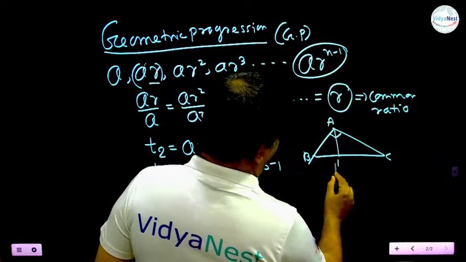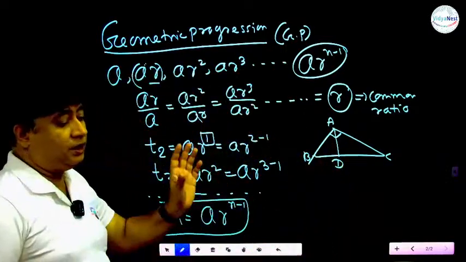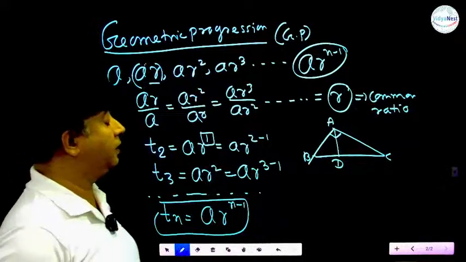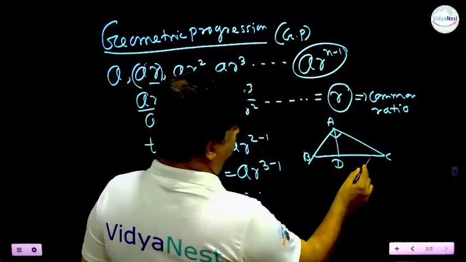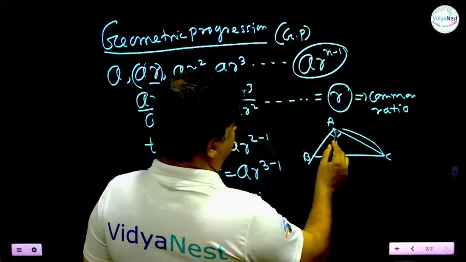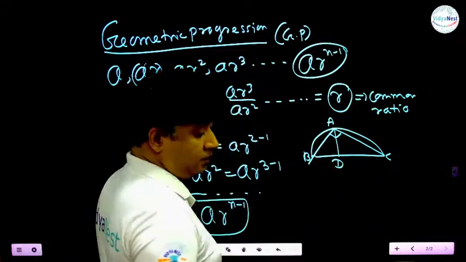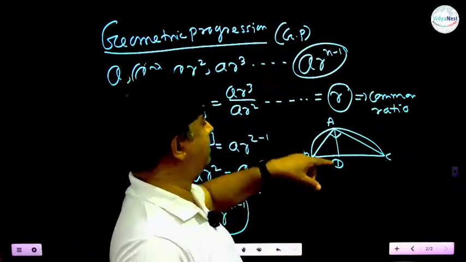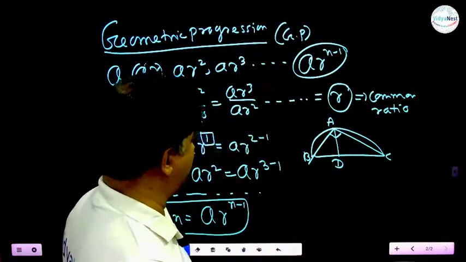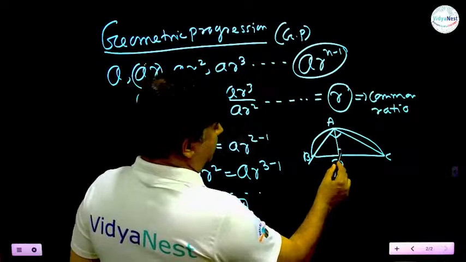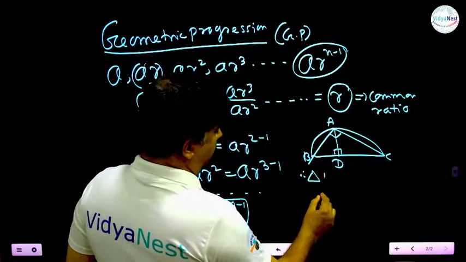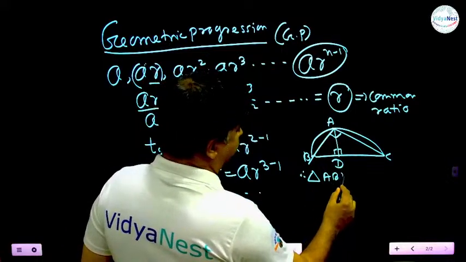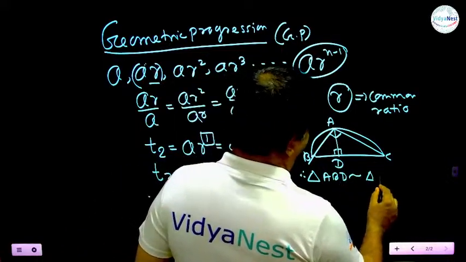In class 10, in similarity, you are taught this. Once you get this is 90 degrees, that means this is a semicircle, because a semicircle subtends a 90-degree angle on the circumference. This is also 90, this is also 90. So I can say triangle ABD is similar to triangle ADC.